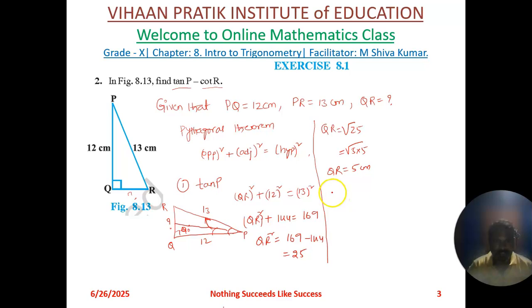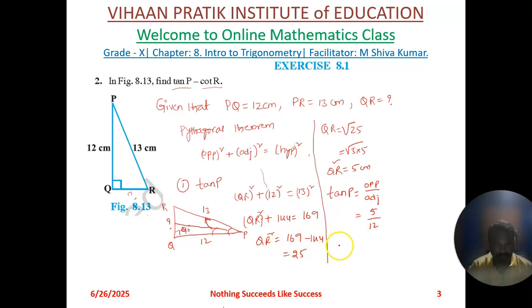Now you can easily find the value of tan P. Tan P equals opposite by adjacent. Here the opposite is QR, which we just found to be 5, and the adjacent is 12.